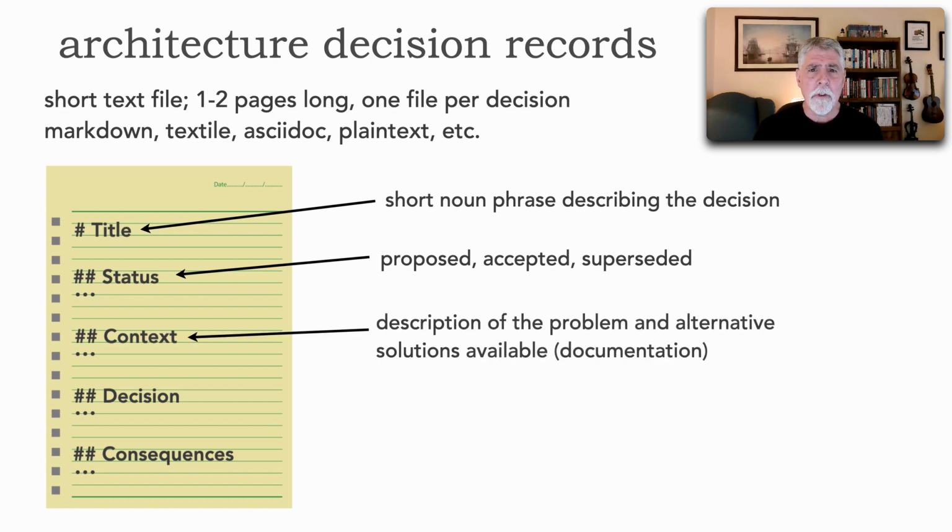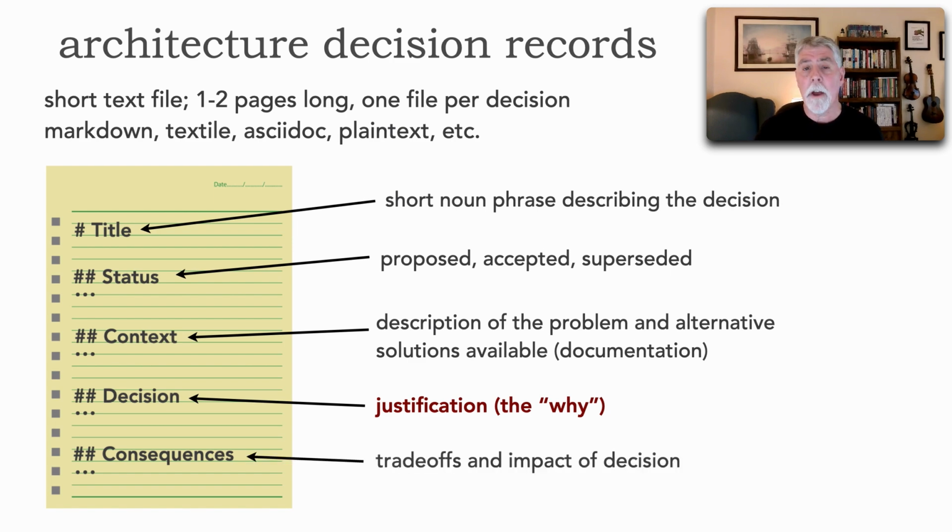The context, which allows us to provide a short, brief level of documentation about why I'm having to make this architecture decision, and maybe some of the components involved, and also the alternatives that I considered. The decision, which is the justification part, the most important part of an architecture decision record. And finally, the consequences section, where we document our trade-offs.